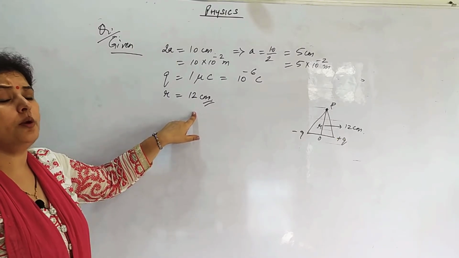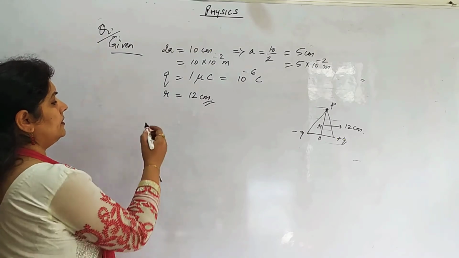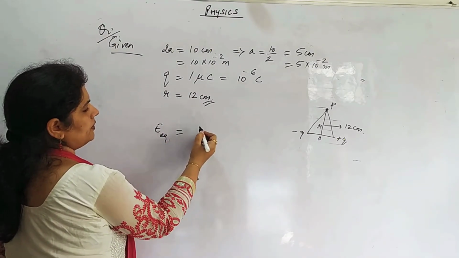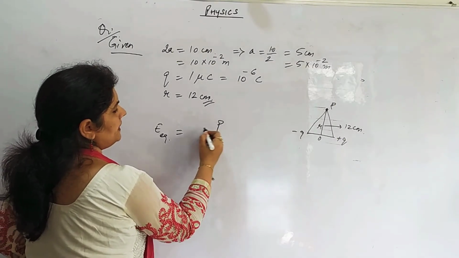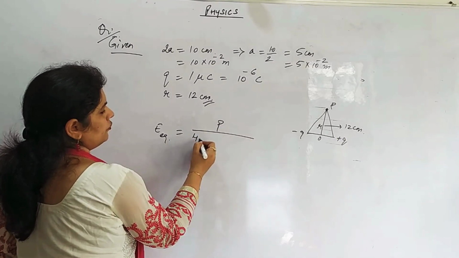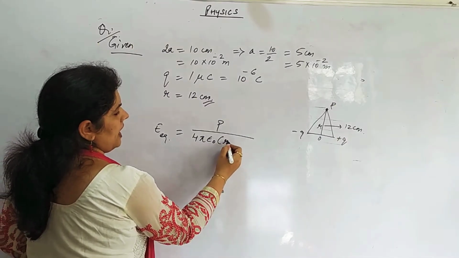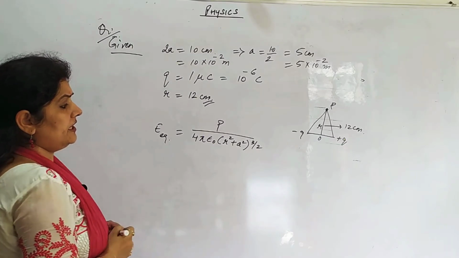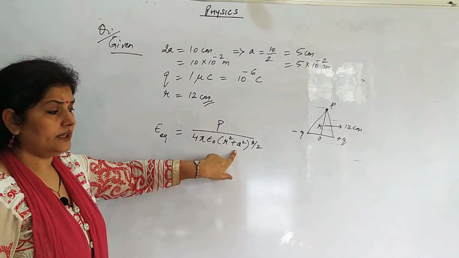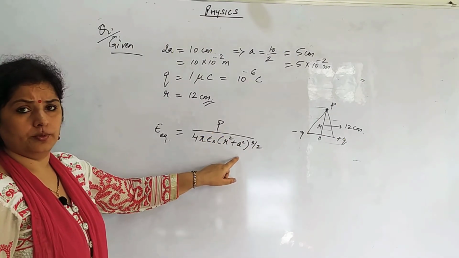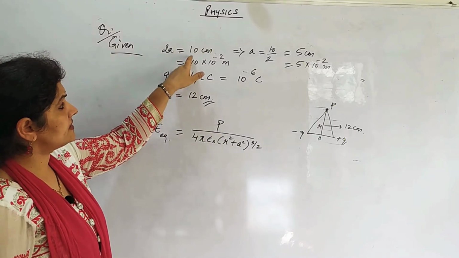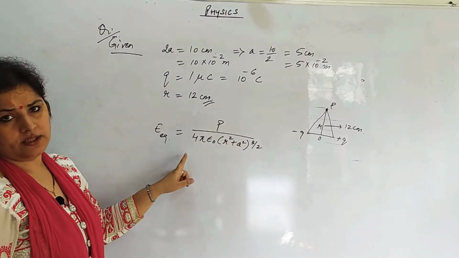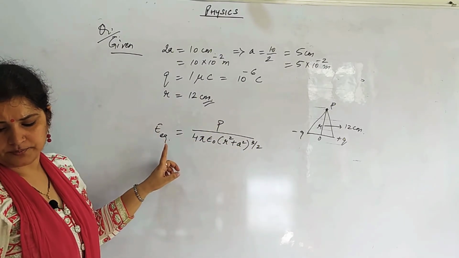The formula discussed yesterday was electric field on equatorial point: P upon 4 pi epsilon naught (r square plus a square) raised to power 3 by 2. If a could be ignored, then this whole thing becomes r cube. But in this case, we cannot ignore a with respect to r. So we have to apply this formula and solve it.